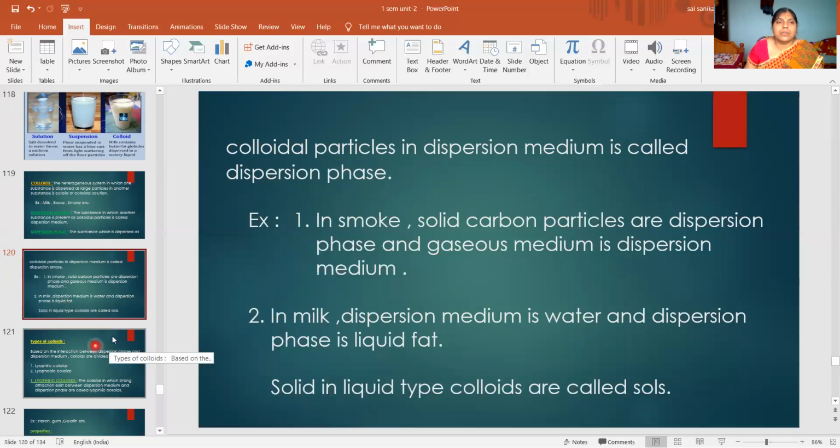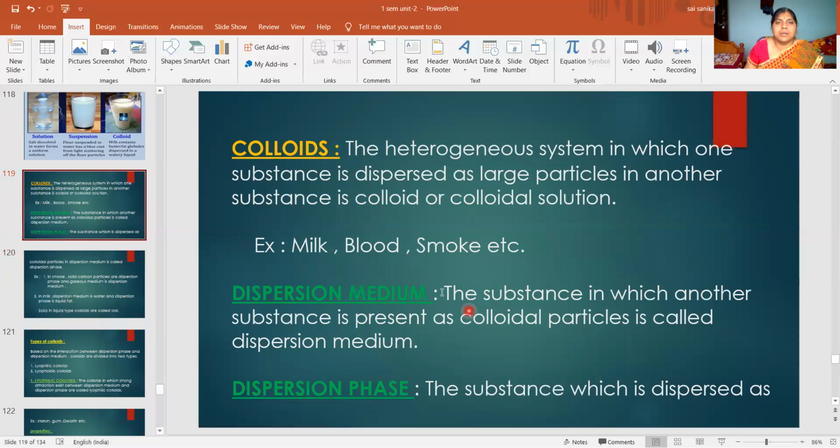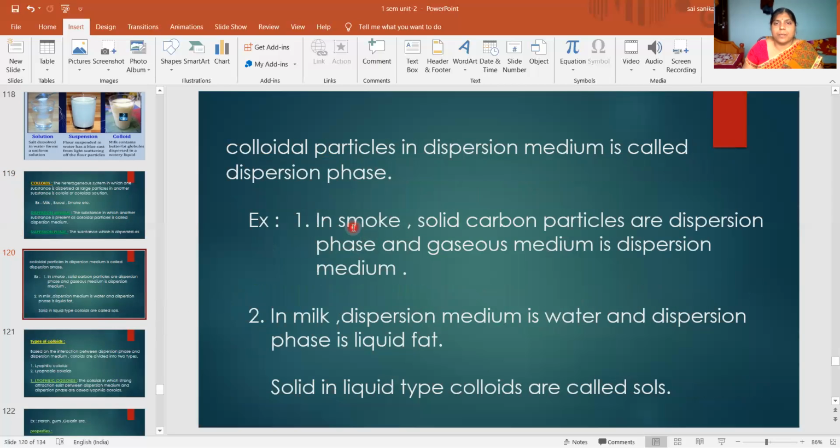So in a colloid, you have two components, that is dispersion medium and dispersion phase. Whatever substance is dispersing, that is the dispersion phase. In which it is dispersing, that is called the dispersion medium. Okay. So now we will see some examples. First, smoke.